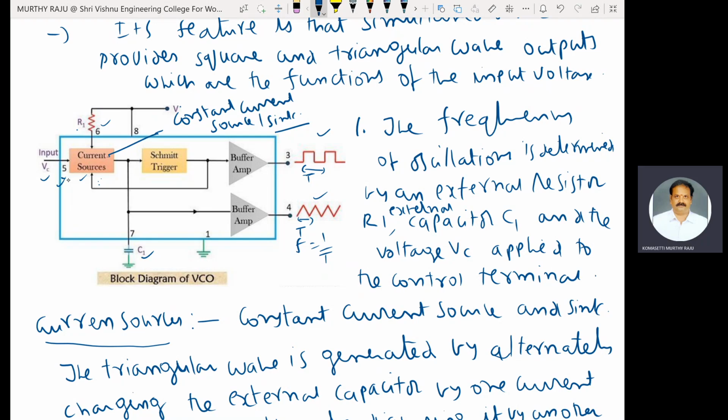The external resistance R1 and the DC input voltage V decide the rate of charging and discharging.